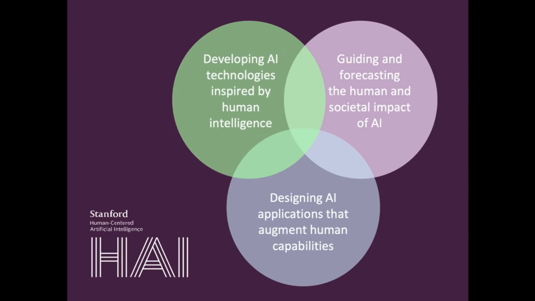The three themes that we're mainly emphasizing for this institute: the first one, in the top left, is developing AI technologies, but we're particularly interested in making linkages back to human intelligence, so cognitive science and neuroscience. When a lot of the early formative work in AI was done, including all of the early work in neural networks, like the development of backpropagation, it was largely done in the context of cognitive science, right?